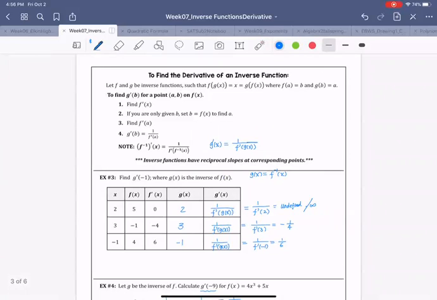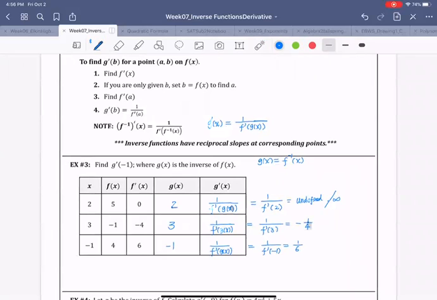Now let's do example 3. Am I forgetting my pencil somewhere? Where did it go? Hold on. Let's look at example 3, where g of x is the inverse of f of x.